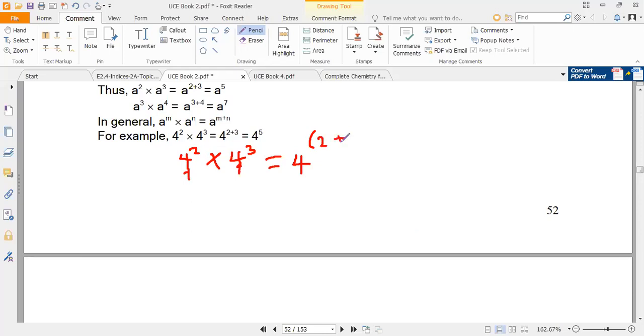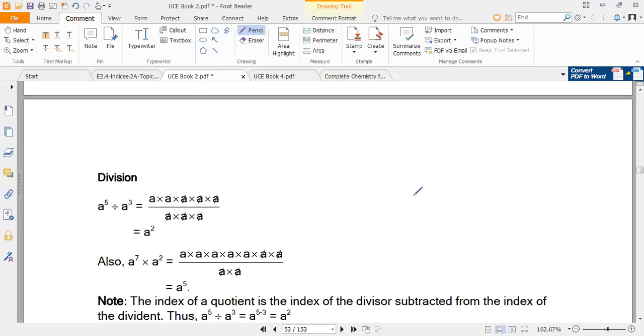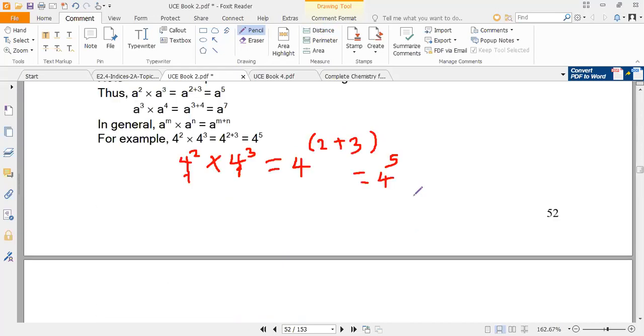So here it will be 2 plus 3, and we end up getting our answer as 4 to the power of 5. That is what we call the multiplication law of indices.